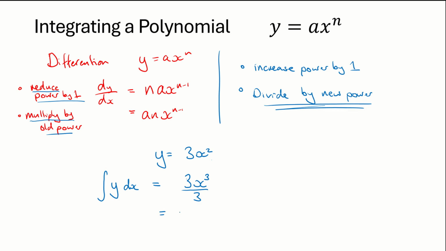Well, 3 divided by 3, they cancel out, just gives us 1, so we're left with 1x cubed, or x cubed. Now the new thing that we need to do is, in general, when we integrate, we have to add a constant of integration. So we have to have this plus c.